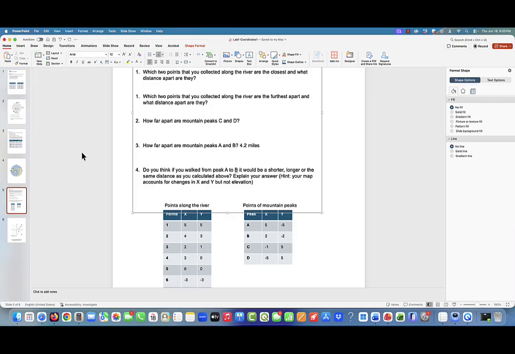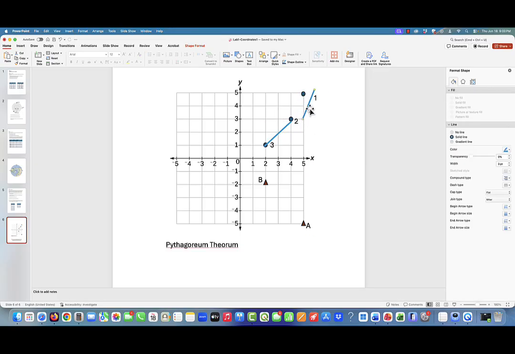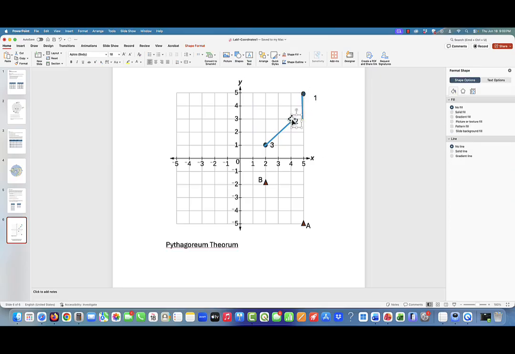You also have to find some other distances there. You also have to judge where the shortest distance is. So for example, if this point 2 were over here, that would be a shorter distance than if it were over here, because we're going down a straight line instead of crossing diagonally across 2 boxes here.